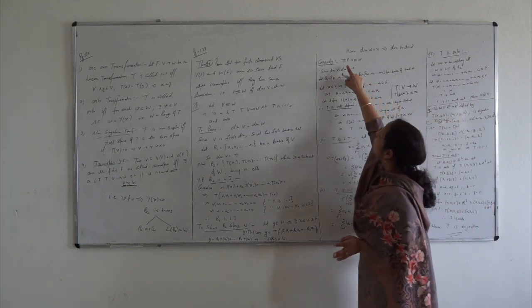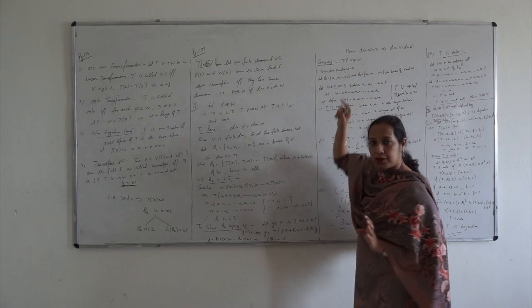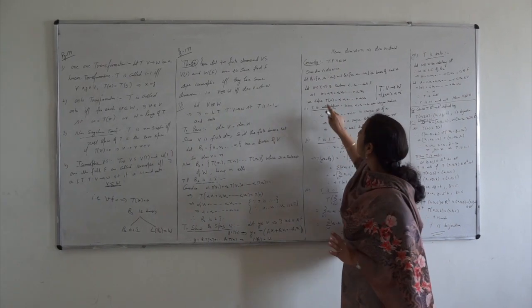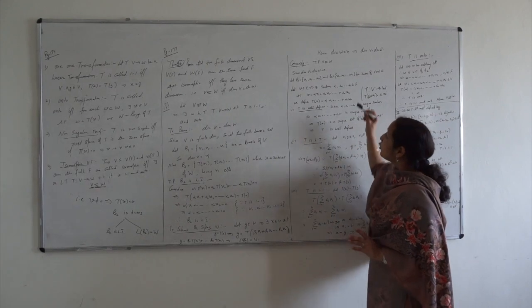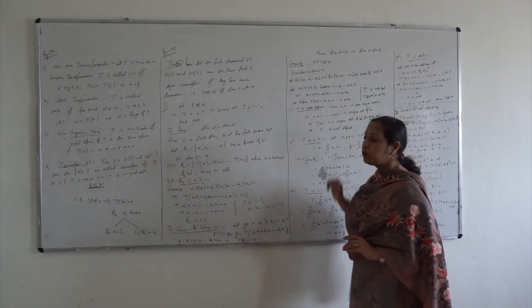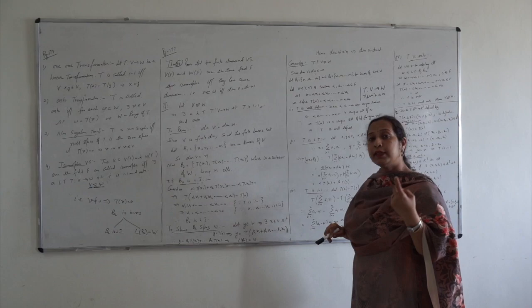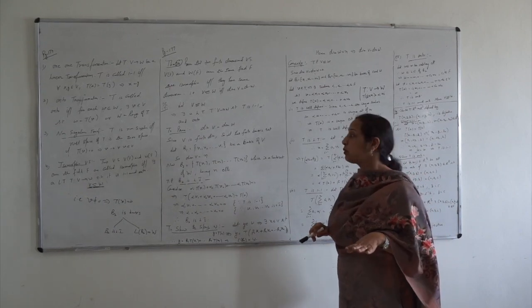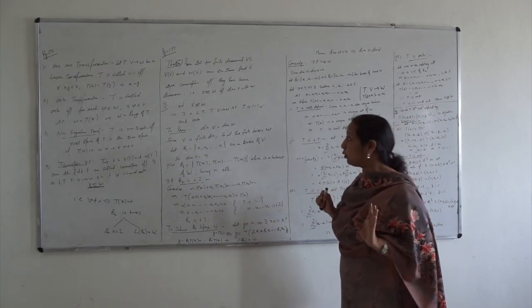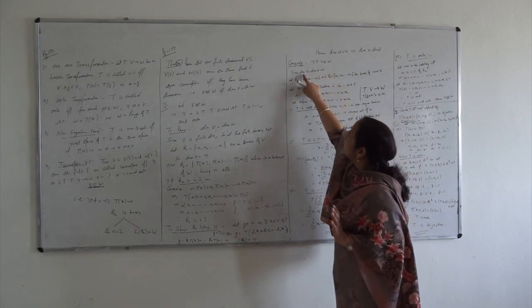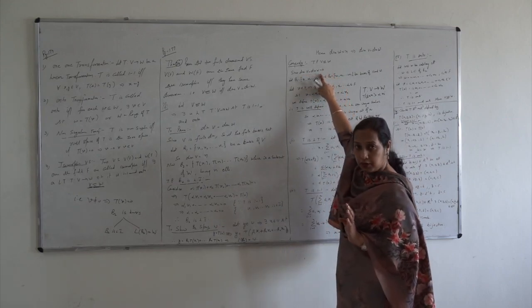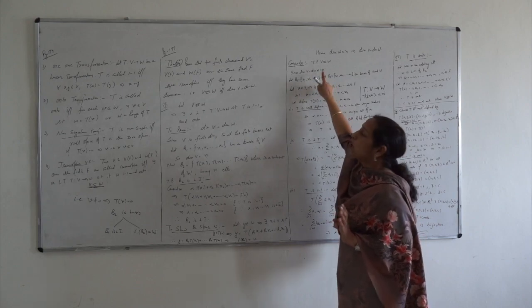In the converse, we will prove V is isomorphic to W, given that the dimension of V is equal to the dimension of W. To prove V is isomorphic to W, we have to prove there exists a linear transformation which is one-one and onto. Firstly, we take what is given: the dimension of V is equal to the dimension of W. Say both are equal to n.